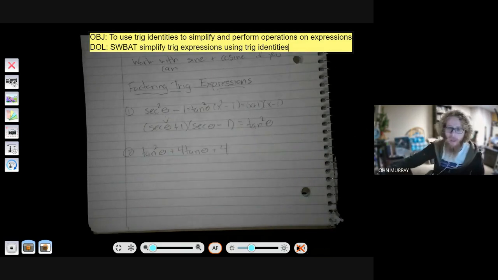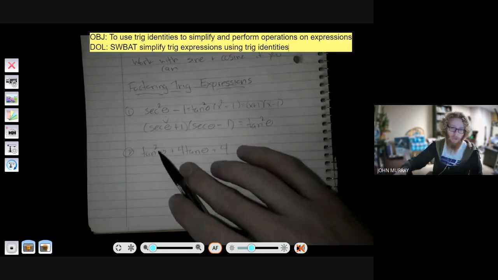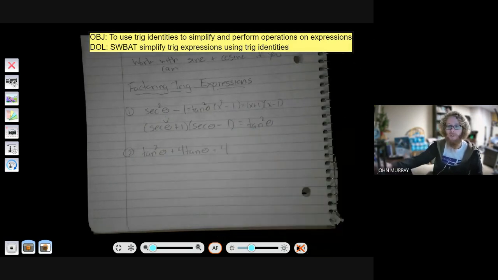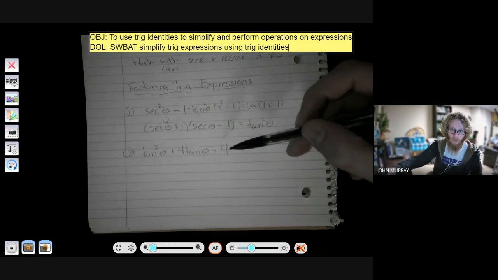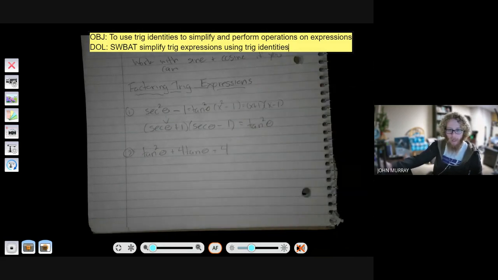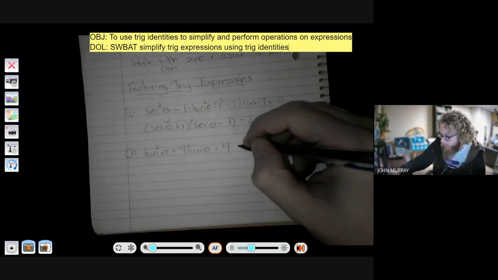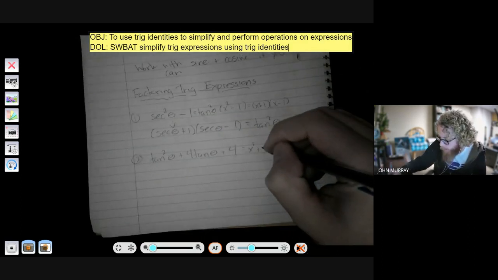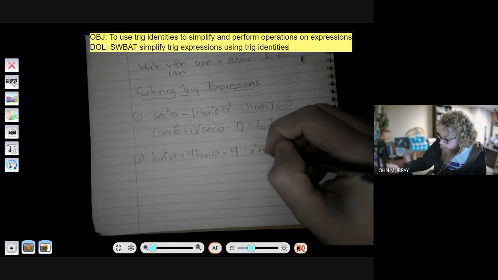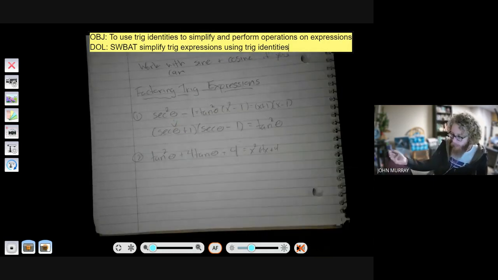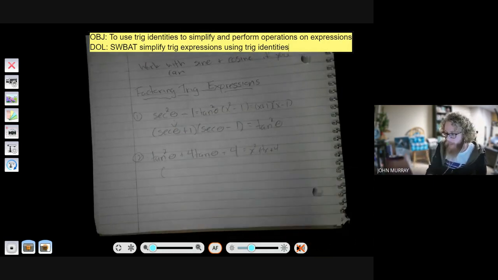All right, if we see something like this, where it looks like a quadratic, we can treat it like a quadratic. This would be like saying x squared plus 4x plus 4. So you're looking for two terms that multiply to 4 and add to 4. So we would just do a normal factorization.